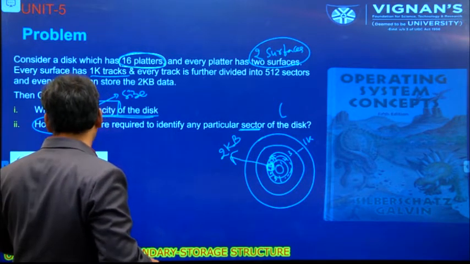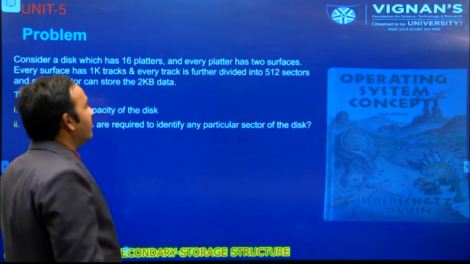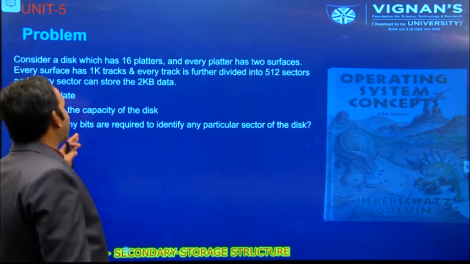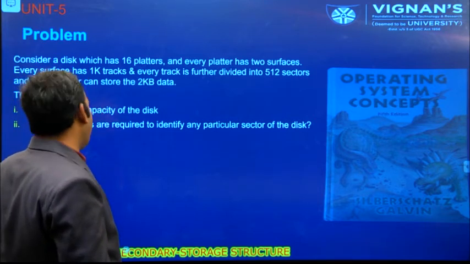This is what they are asking. Using this data, can you find the expected calculations?